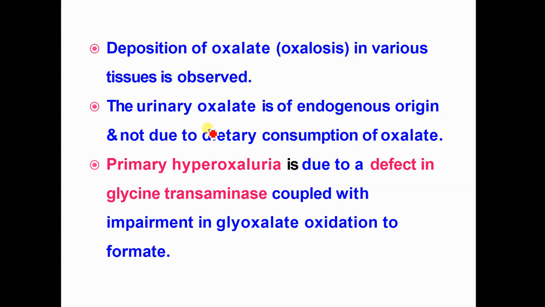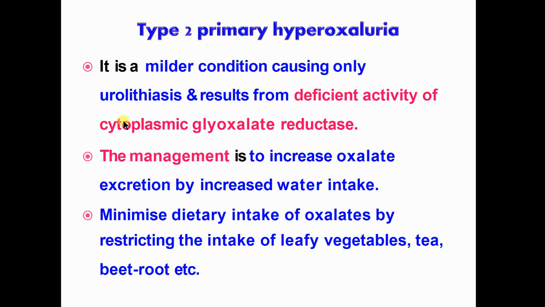Primary hyperoxaluria type 1 is due to a defect in glycine transamination coupled with impairment in glyoxylate oxidation to form oxalate. And the second type is primary hyperoxaluria type 2. It is a milder condition causing only urolithiasis and results from deficient activity of cytoplasmic glyoxylate reductase.